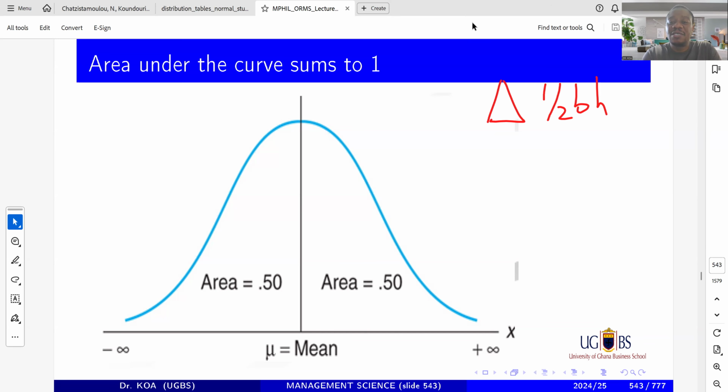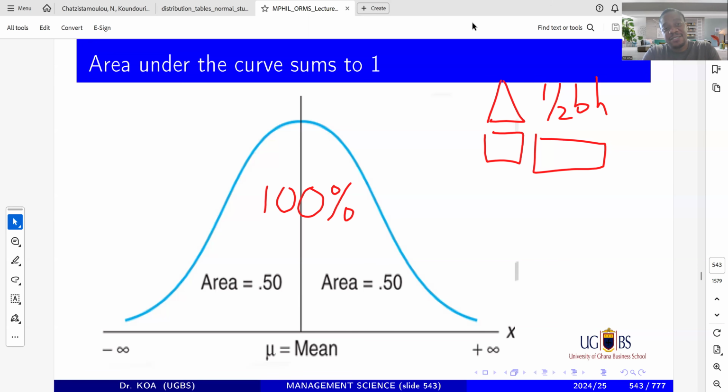The same thing with a square, the same thing with a rectangle, the same thing with any quadrilateral or polygon. They change. But the area under the normal curve doesn't change. The total area under the normal curve is 100%.